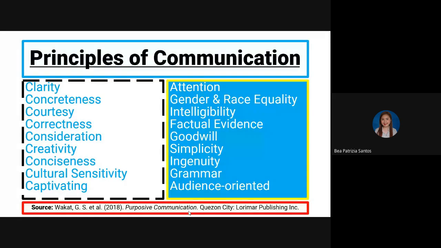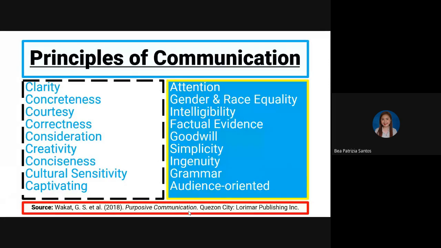The fifth one, consideration. What word on the right do we associate with consideration? Who do we consider when we prepare our communication? Okay, that's correct. Consideration is associated to audience oriented because we think of the audience when we prepare our communication.